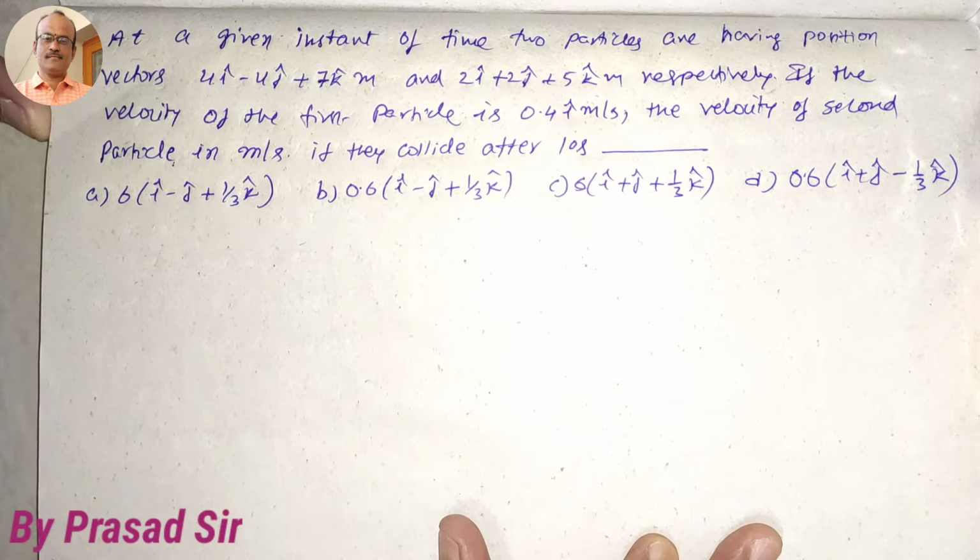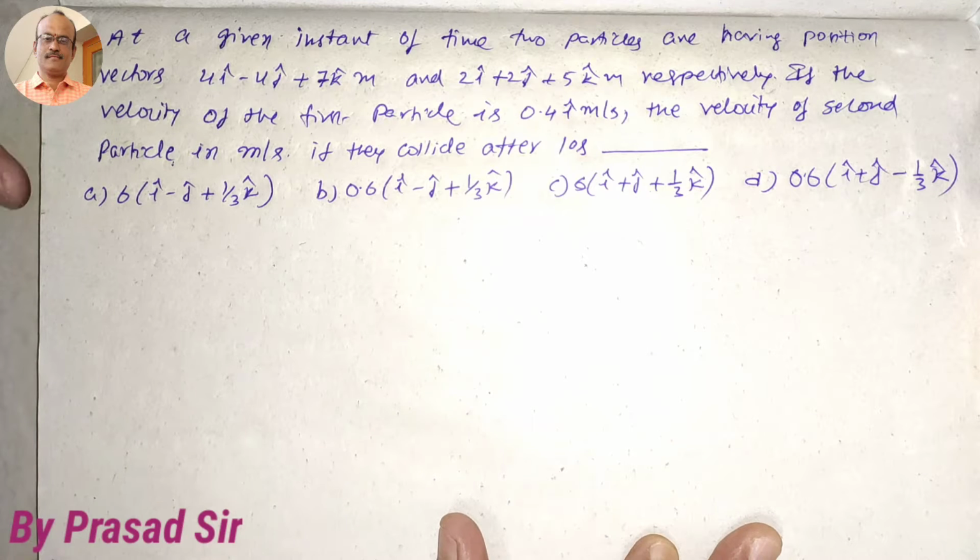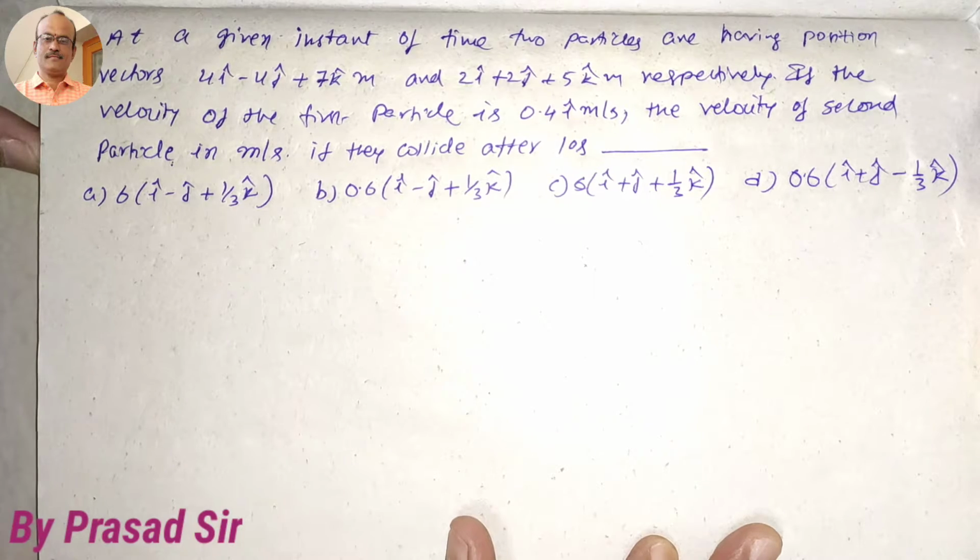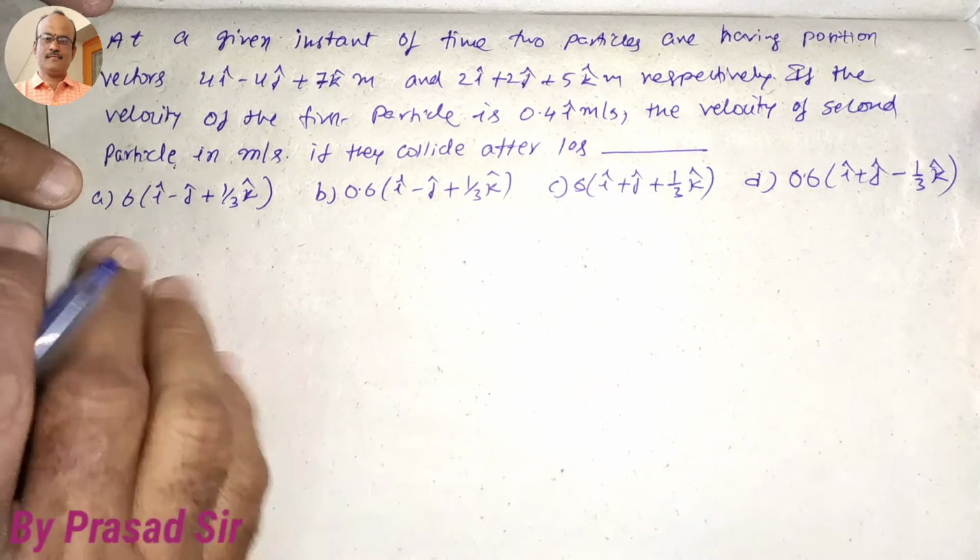At a given instant of time, two particles have position vectors 4i cap minus 4j cap plus 7k cap meters and 2i cap plus 2j cap plus 5k cap meters respectively. If the velocity of the first particle is 0.4 i cap meters per second, what is the velocity of the second particle in meters per second if they collide after 10 seconds? So what happens here?